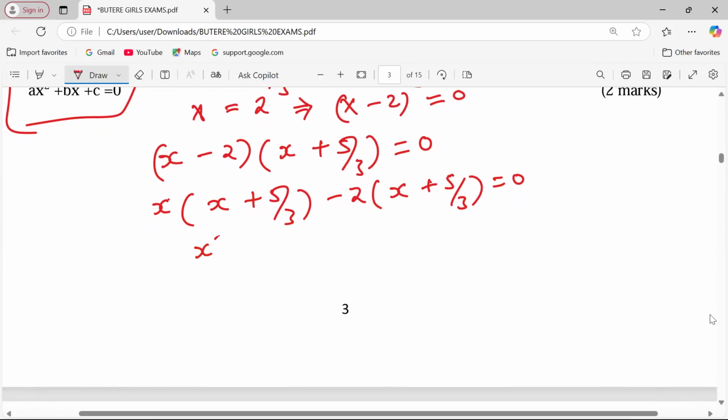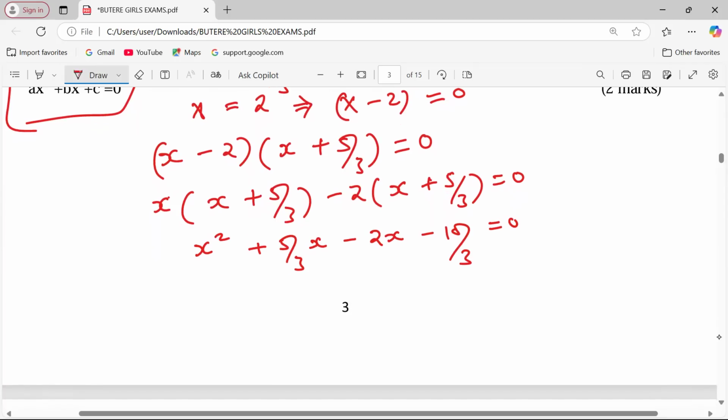Now this is x squared plus 5 out of 3 x minus 2x minus 10 over 3 equals 0. Now we can group some terms here. 5 over 3 minus 2 gives us negative a third. So we are having x squared minus a third x minus 10 out of 3 equals 0.